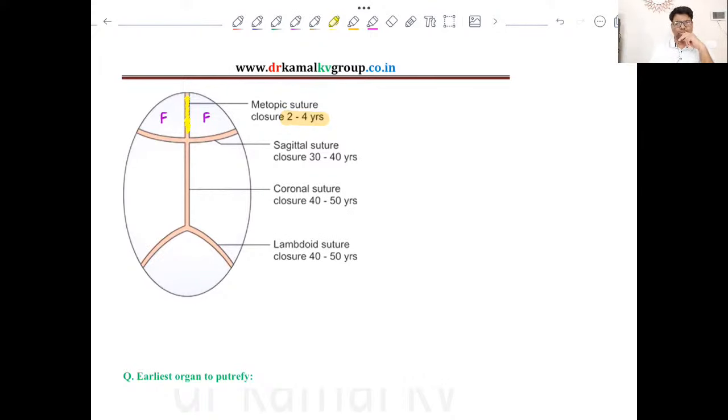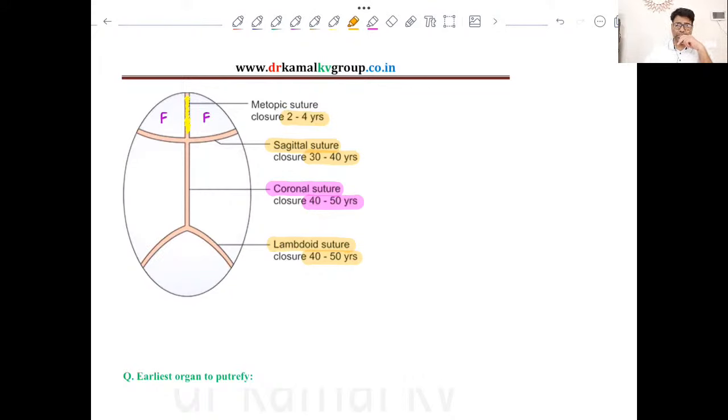This closes so early, somewhere around 2 to 4 years, and of all the remaining sutures, the sagittal takes around 30 to 40 years. Similarly, the coronal takes around 40 to 50 years, and the lambdoid also takes around 40 to 50 years to close. So all these sutures take a lot of time.